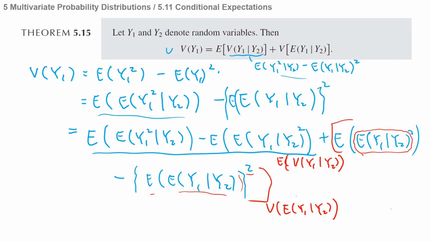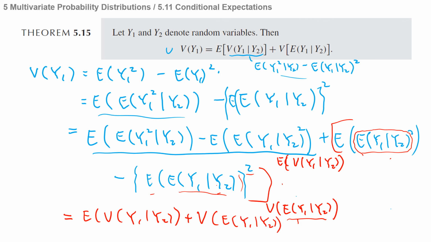Okay, so for the variance, this one squared minus the expected value of this thing, squared, is the second part. So in conclusion, this is the expected value of the variance of y1 given y2 plus the variance of the expected value of y1 given y2. Okay, so this is the proof for this one.